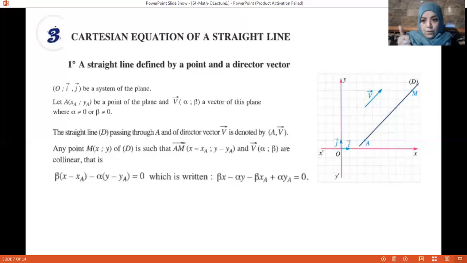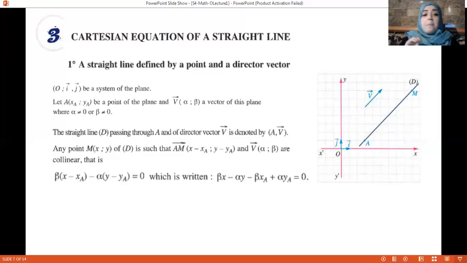So first of all, we created two vectors, AM and V. AM is on D, and V is the directing vector of D. So those two vectors are collinear. So I'm going to apply the rule that says if two vectors are collinear, then xy prime minus x prime y equals 0. Do you still remember them? The determinant.